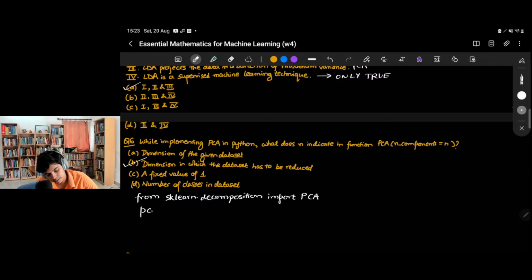And to use this PCA, you would have the following syntax. And then you would use PCA.fit on the data. And then finally, you will get the transformed vector by using PCA.transform.